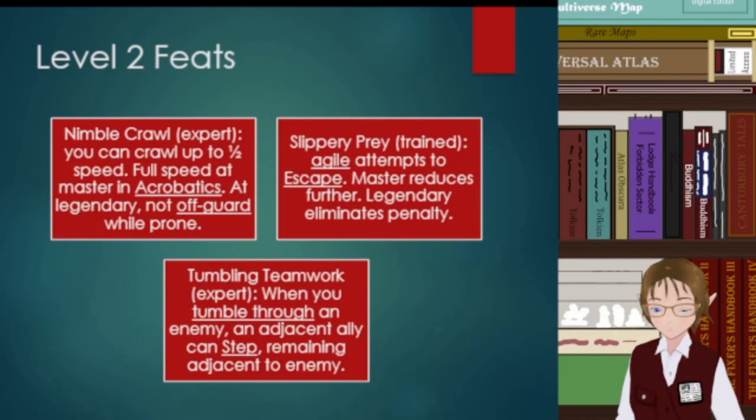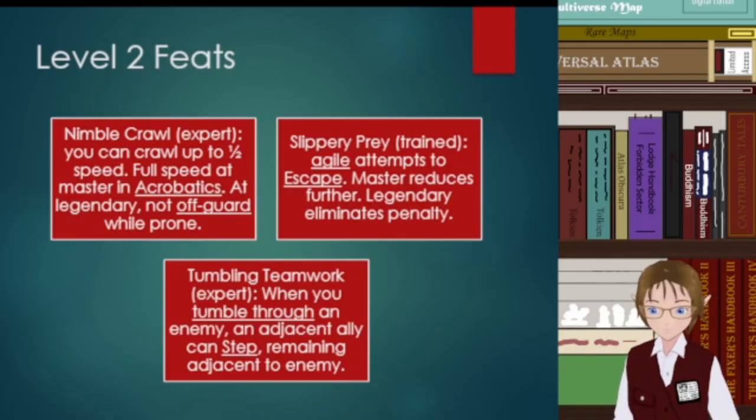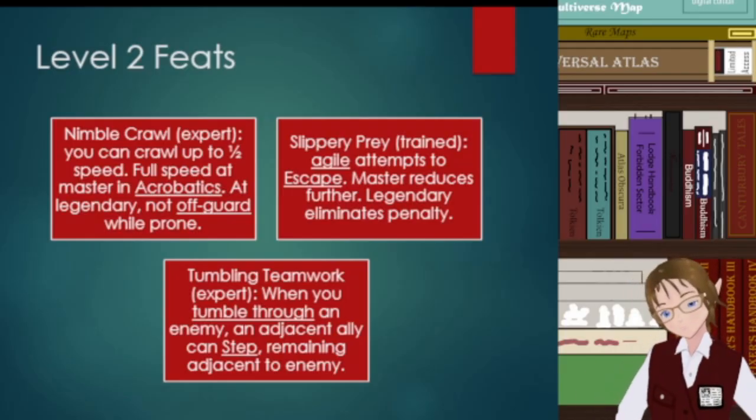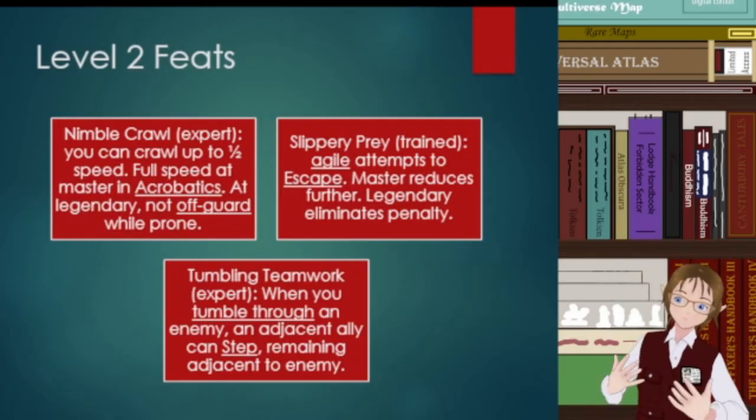Tumbling Teamwork is an upgrade to Tumble Through. The way it works is whenever you tumble through an enemy, an adjacent ally can step. This can be a way to set up flanking.